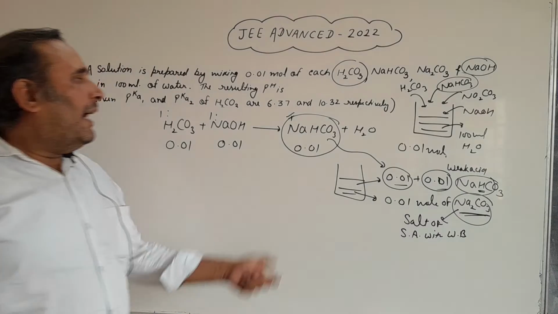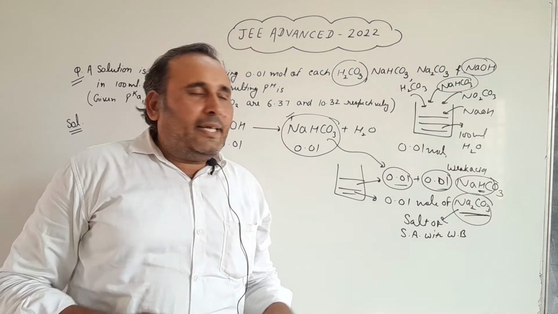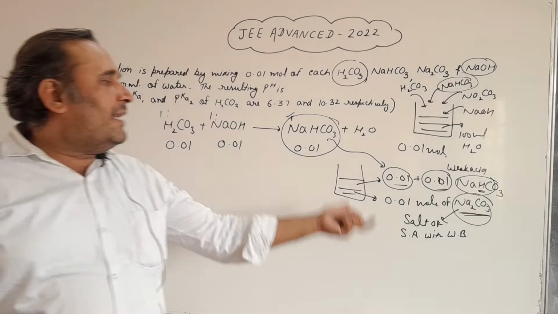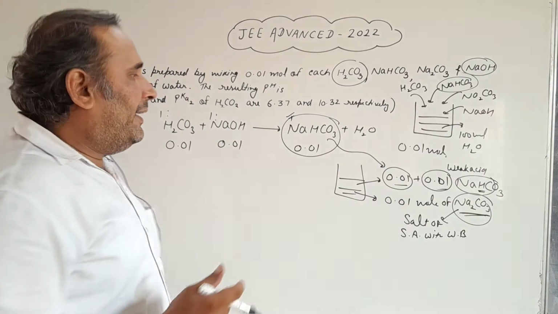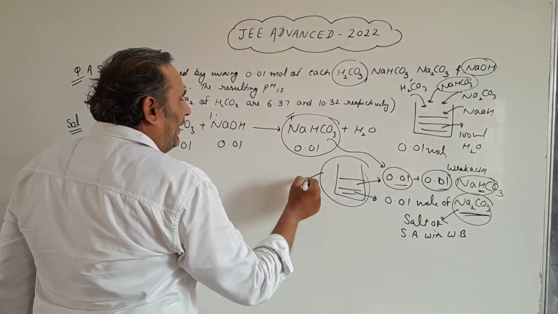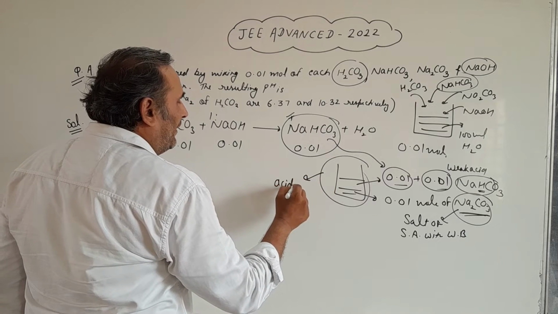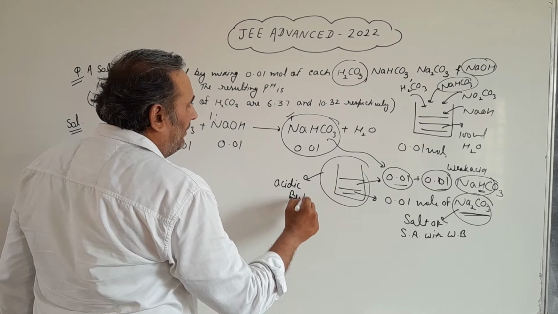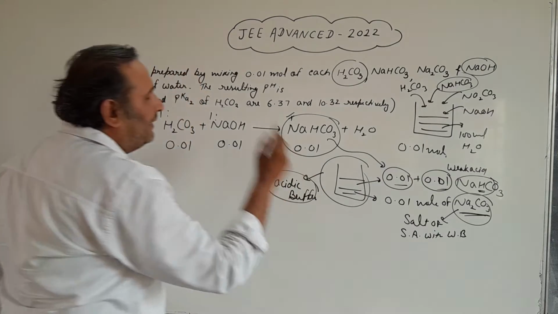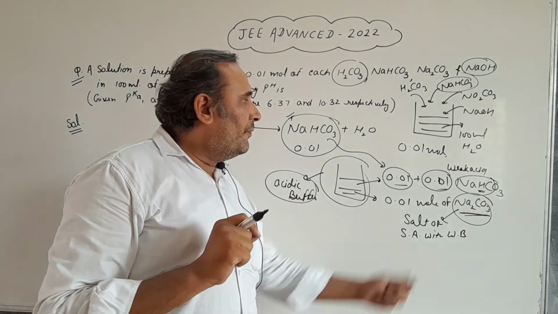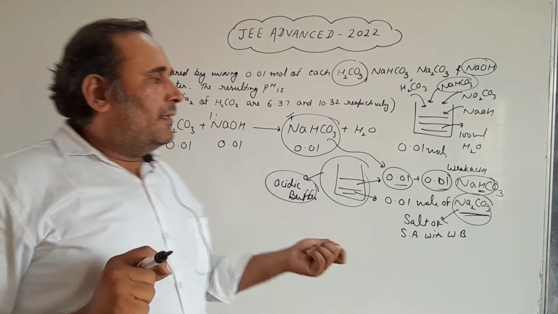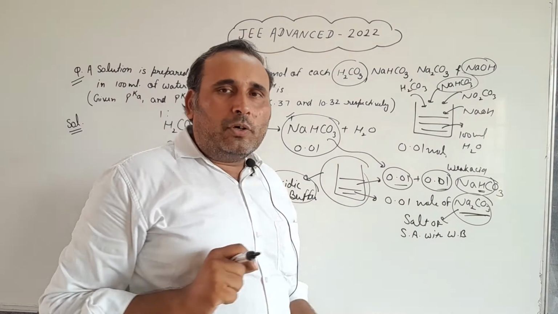So actually after the reaction we can understand that it is the mixture of weak acid plus its salt with strong base. So it will behave like a buffer. And which type of buffer? Acidic buffer. Because what is acidic buffer? Acidic buffer is the mixture of weak acid as well as its salt with strong base.